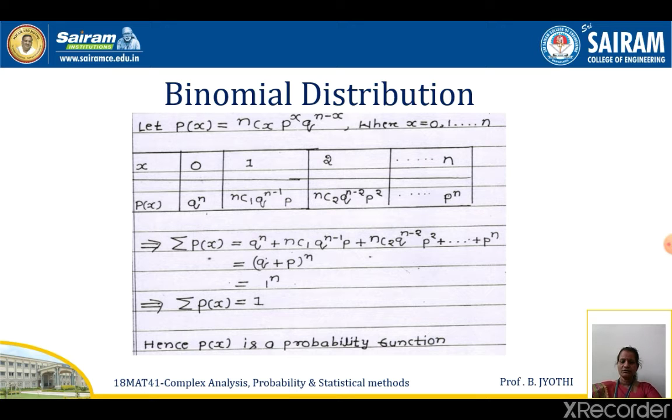That gives 1^n because p + q is 1, that is, the probabilities of success and failure when added will be 1. This implies the summation of P(x) is equal to 1. Hence, P(x) is a probability function.